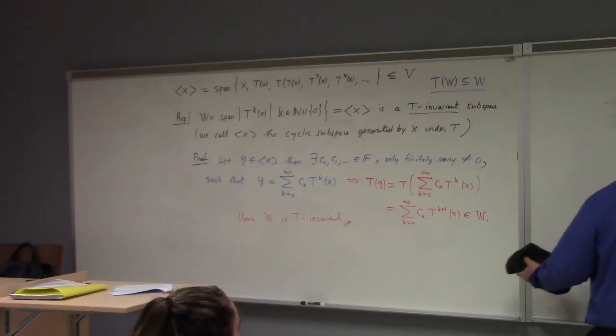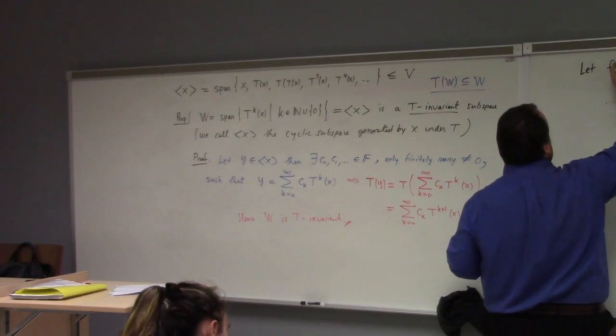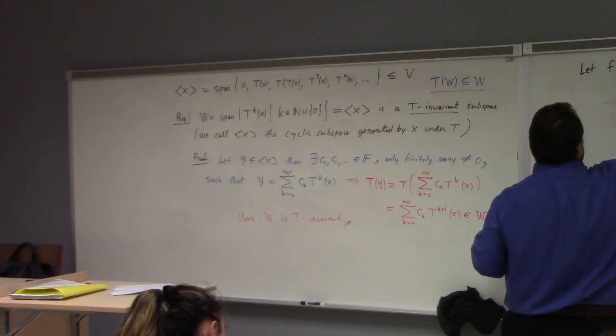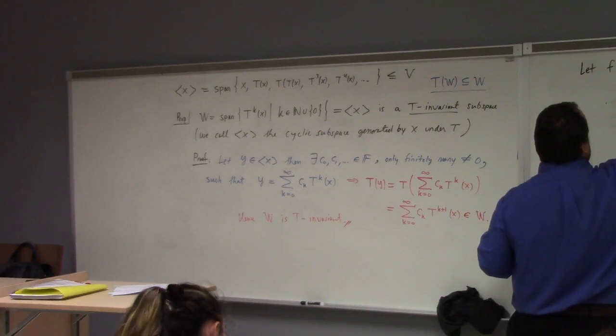So let f of x be, why don't we use x? Let f of t be an element of the polynomials over F in t.